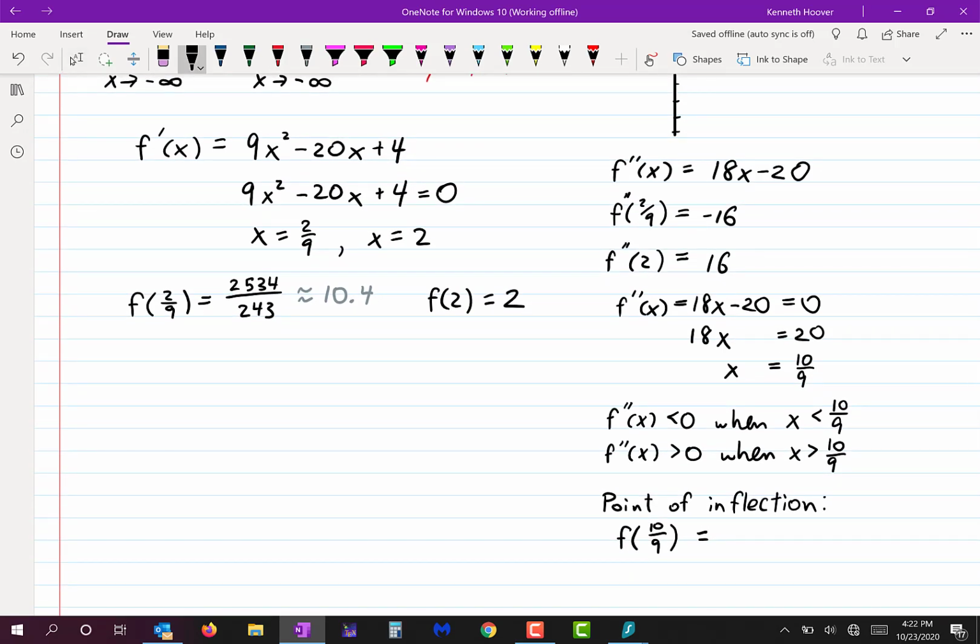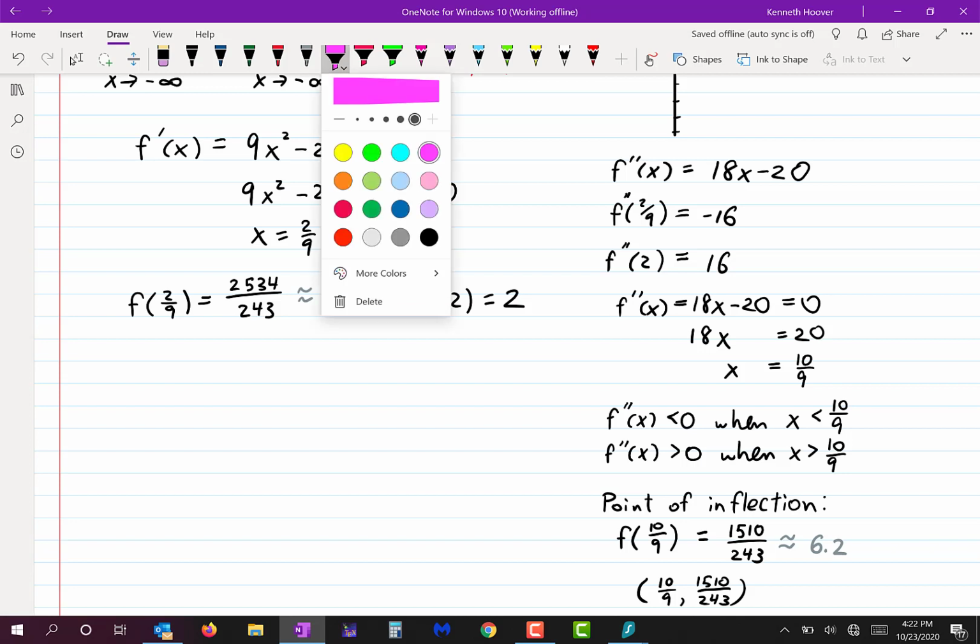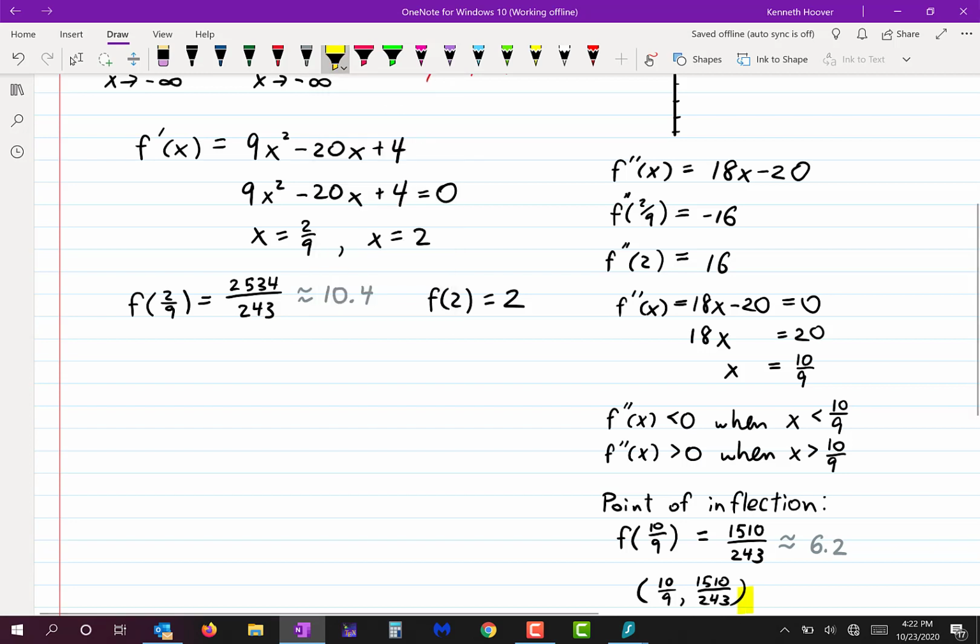Okay, when I plug 10/9 into the function, we get 1510 over 243, which, to give you an idea of how big that number is, it's not that big. That is approximately 6.2. So there's a point of inflection at (10/9, 1510 over 243). That's where the concavity changes.